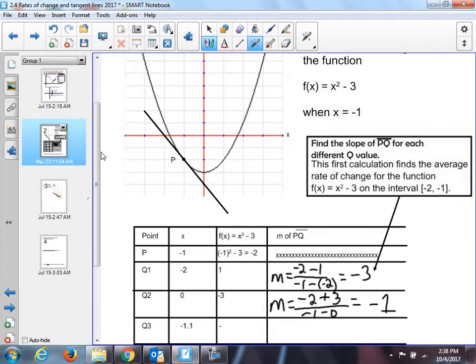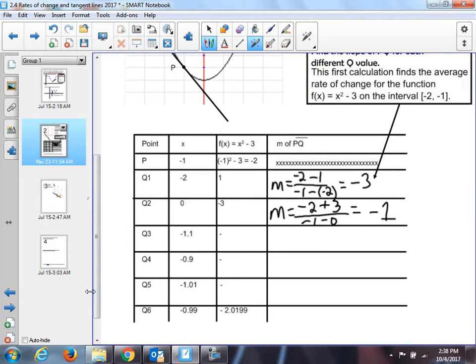Now, my y values, and I know I'm using y talk always because that's what we're used to saying, my function values, they're going to be in this column. These are all the x values. Now, every time we're doing the slope between this point, -1, -2, and a q value, and it keeps changing. Well, let's go through this one together.